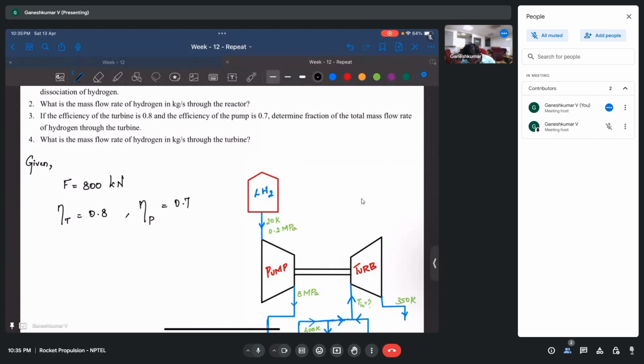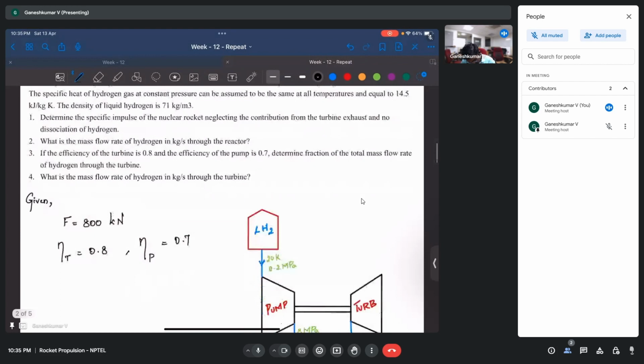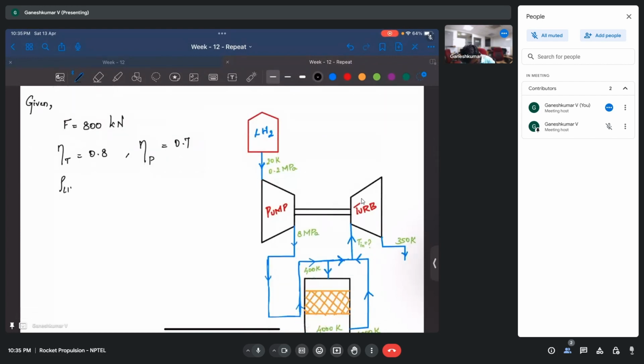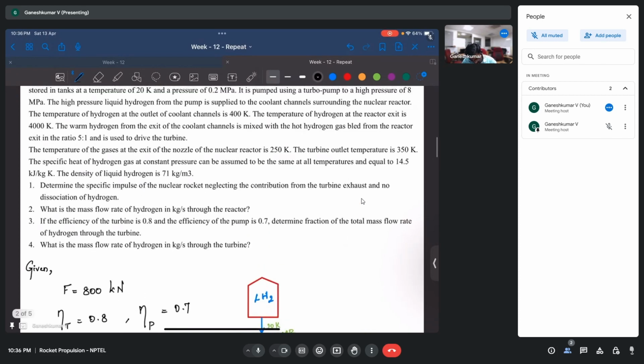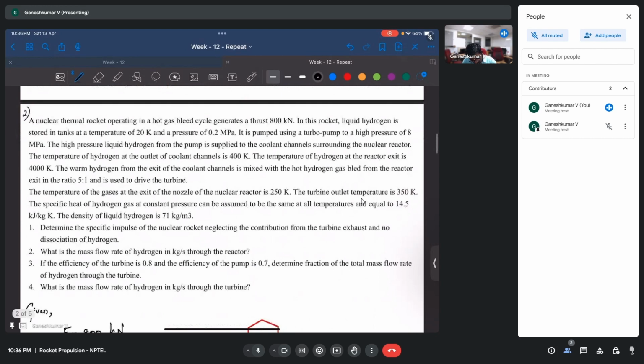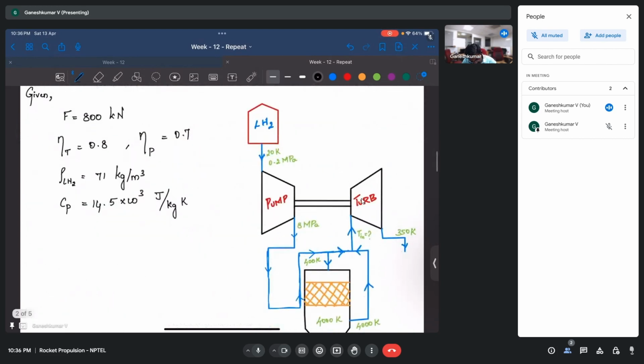The density of liquid hydrogen is 71 kg per meter cube, and the Cp of hydrogen is 14.5 times 10 to the power 3 joules per kg. I hope these are the important given parameters.